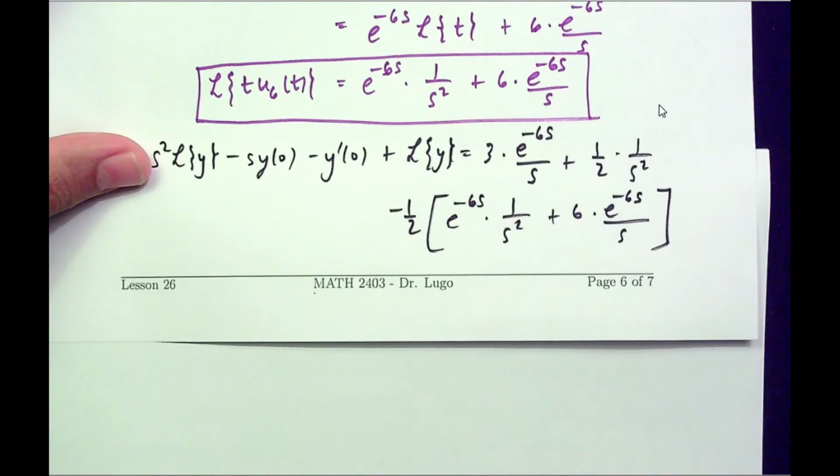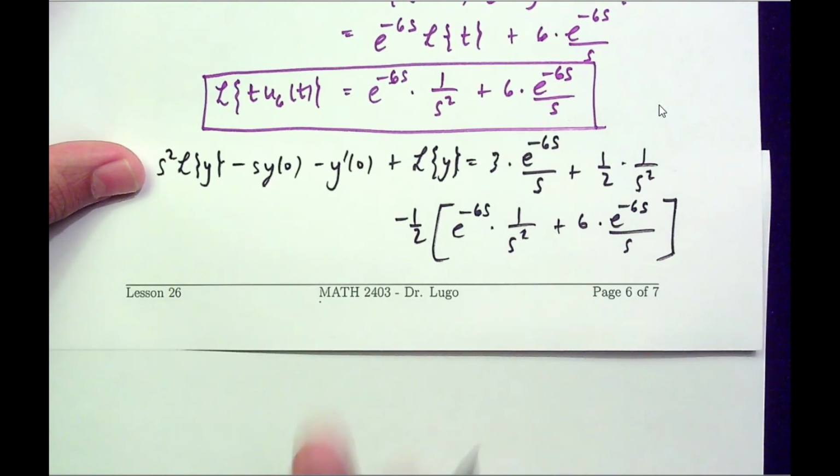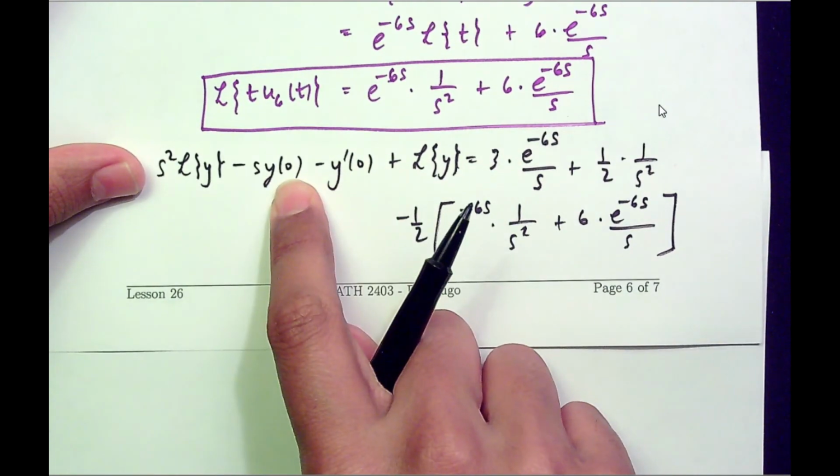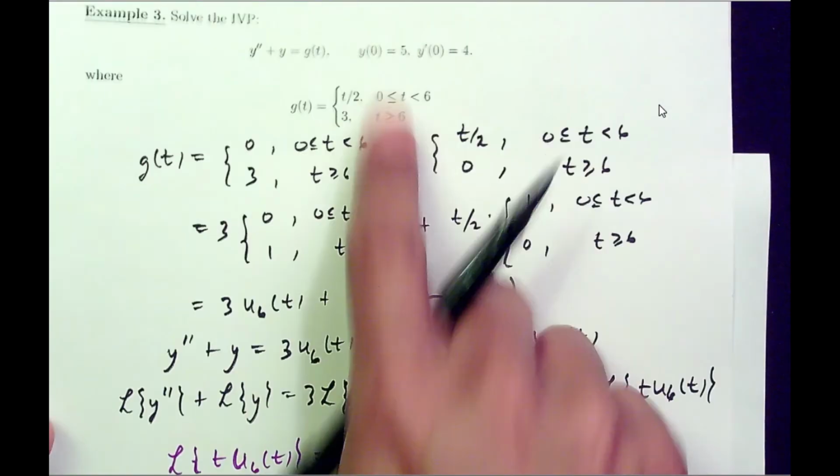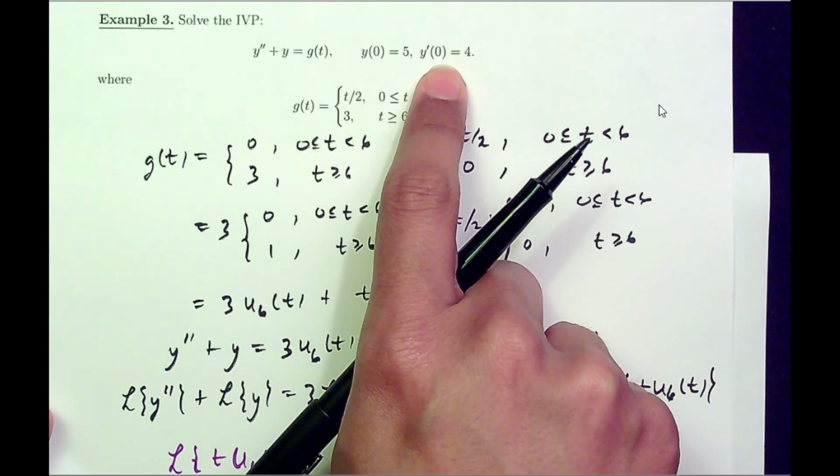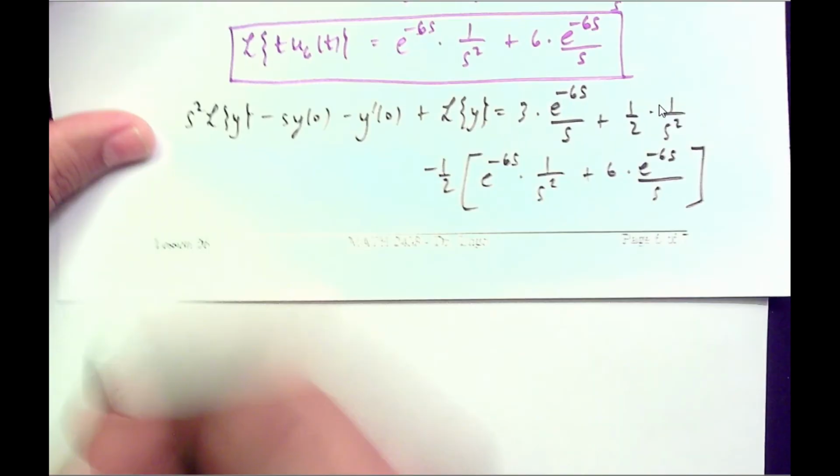Now let's keep working. Y of 0 equals 5 and y prime of 0 equals 4. So let's plug that in there.